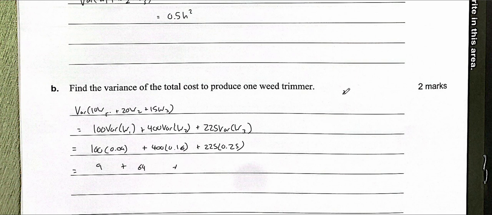And this one I can't do in my head, so 225 times 25 is going to be 5,625, and that gives 55.25. Adding these together is going to be 73 plus 55.25, which gives 129.25 hours squared.